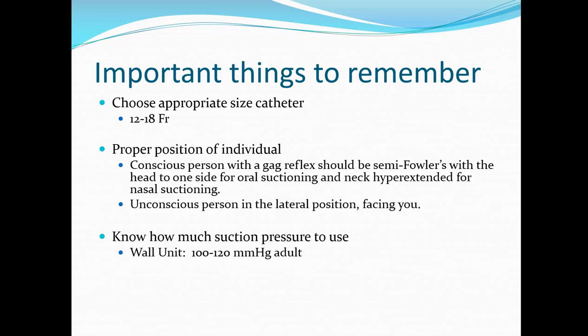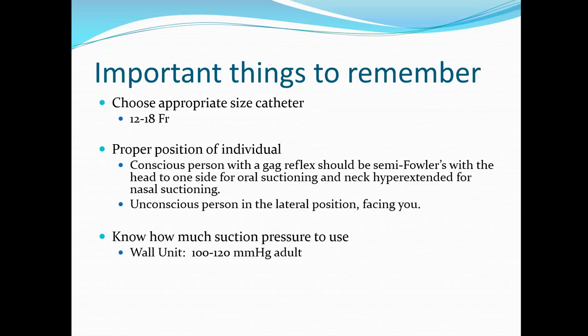Hopefully these patients will have a good gag reflex and are not at risk for aspiration. Your unconscious patient should be in the lateral, side-lying position facing you. This is going to help prevent them from aspirating, and it's going to make the process the easiest.